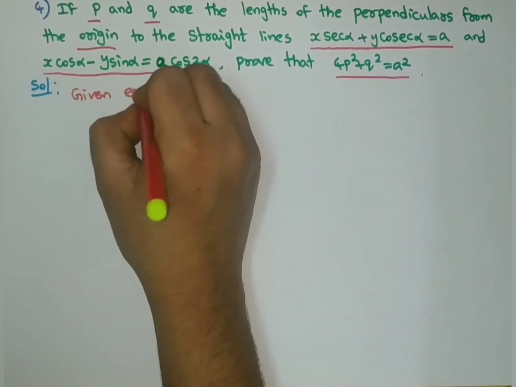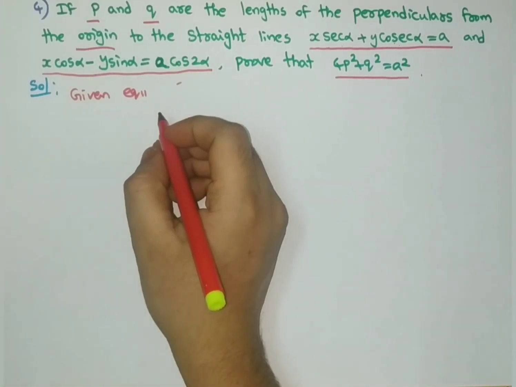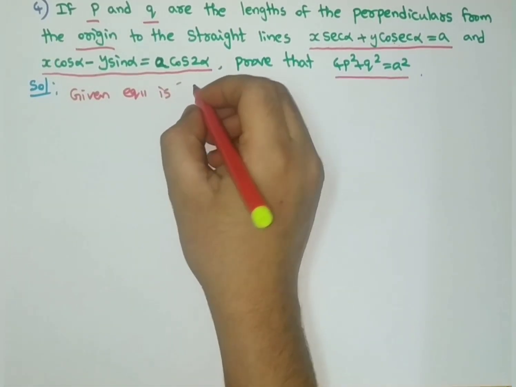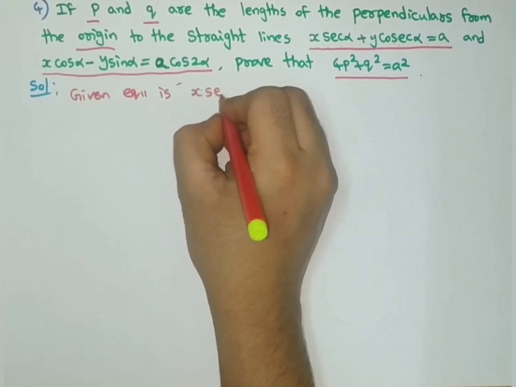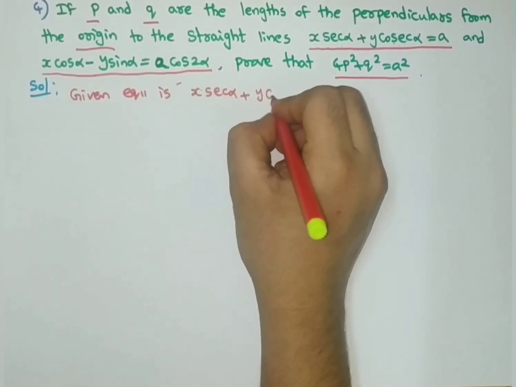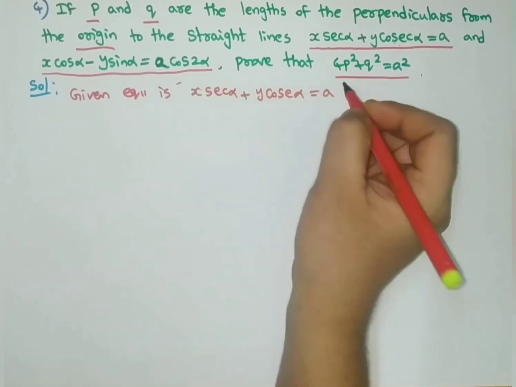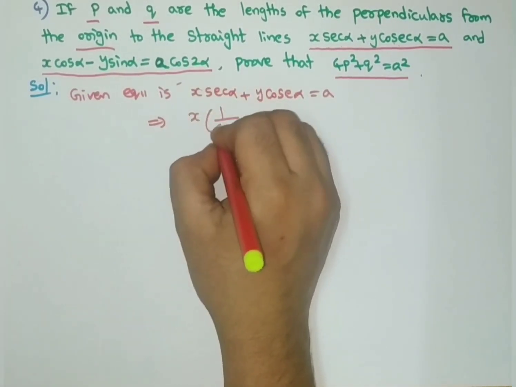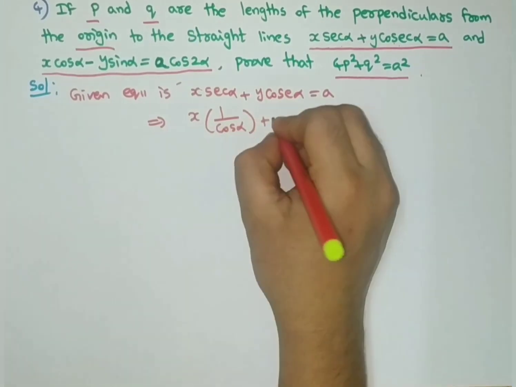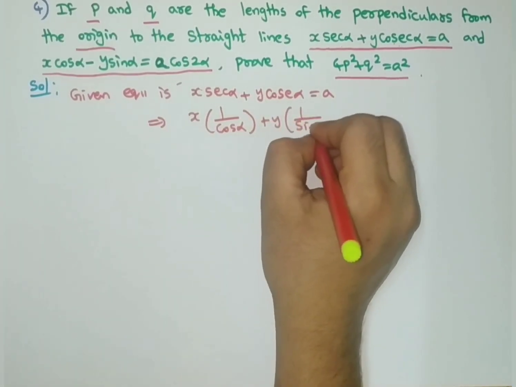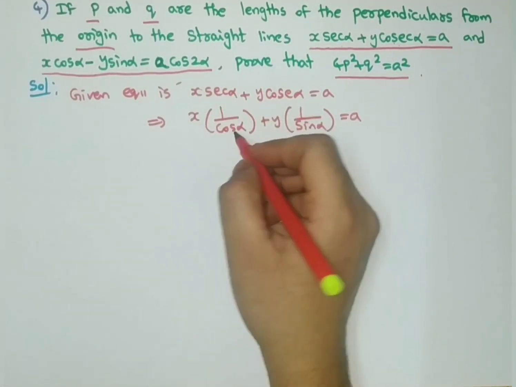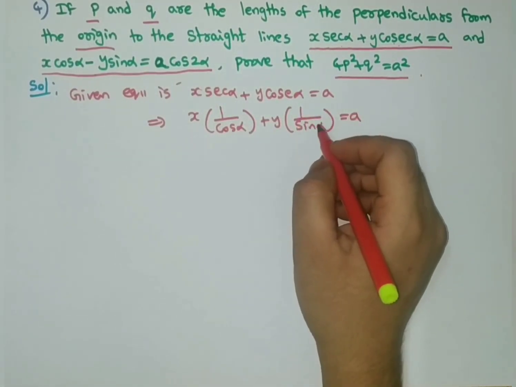Given: x secant alpha plus y cosecant alpha is equal to a. That implies x into 1 by cos alpha plus y into 1 by sin alpha is equal to a. Secant alpha can be written as 1 by cos alpha, and cosecant alpha can be written as 1 by sin alpha.